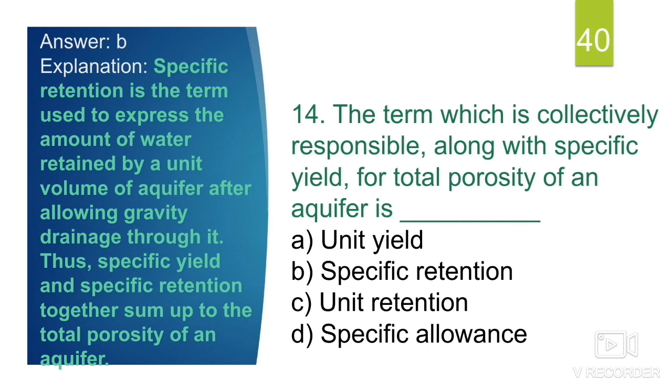Thus specific yield and specific retention together sum up to the total porosity of an aquifer. So total porosity can be written as specific yield plus specific retention. The correct option here is option B, specific retention.